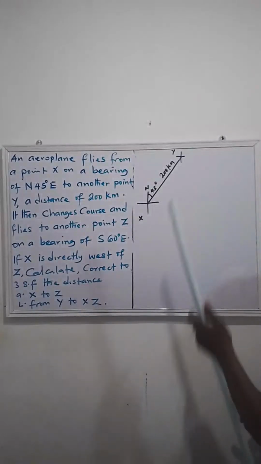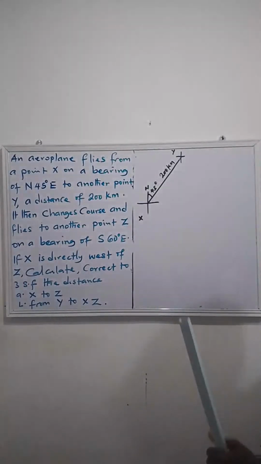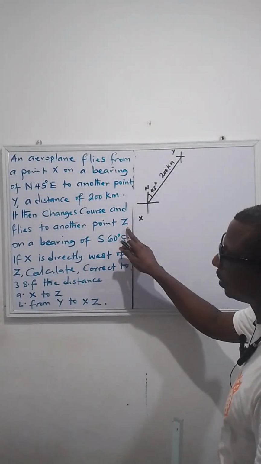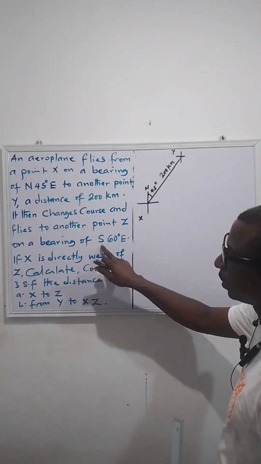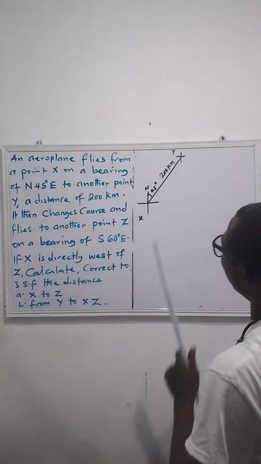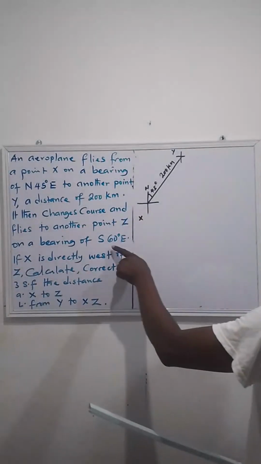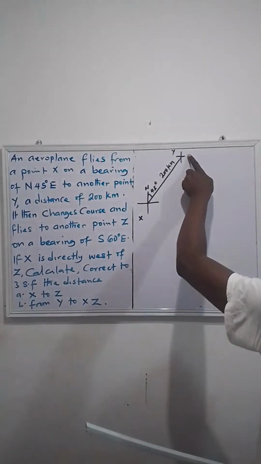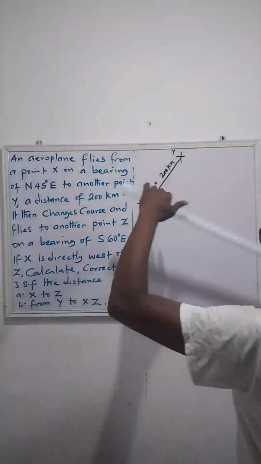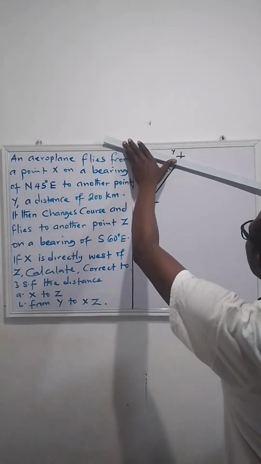Now the aeroplane is here. It changes course and moves in another direction to point Z, on this bearing of south 60 degrees east. This is east of Y and this is south. So it moves this direction.